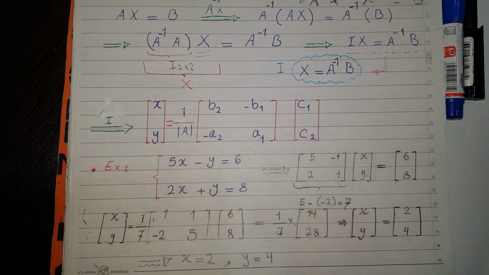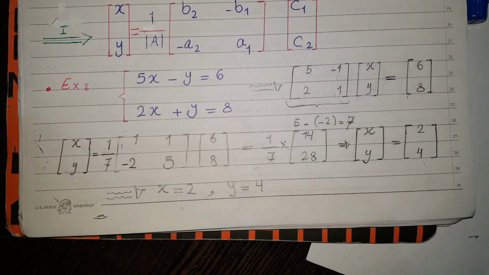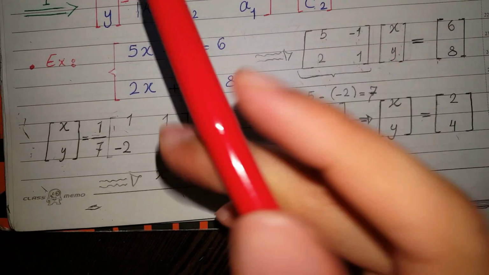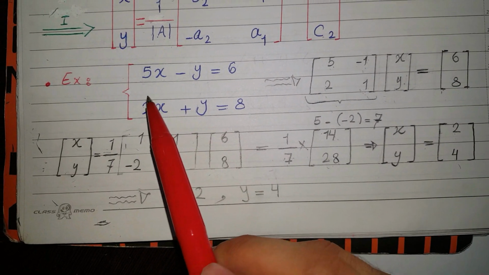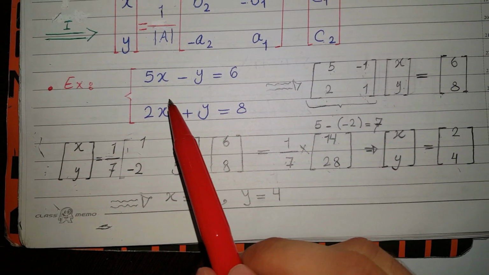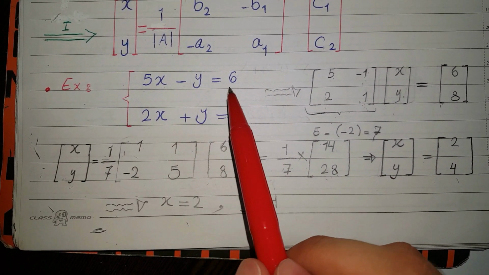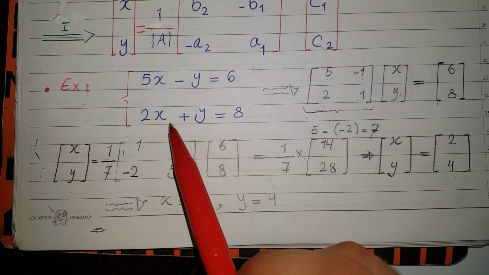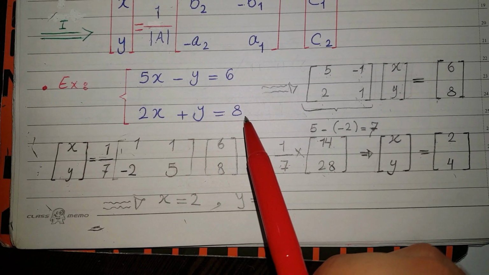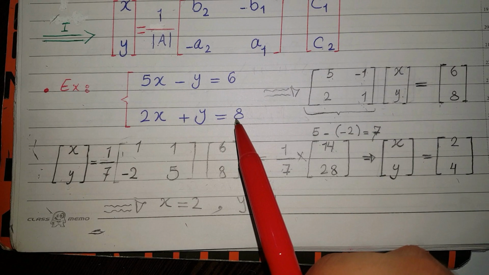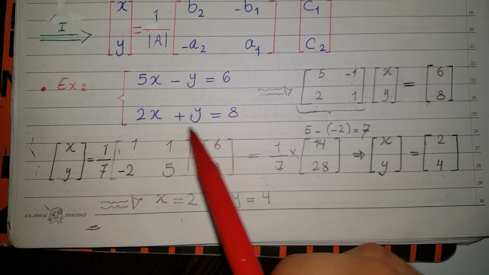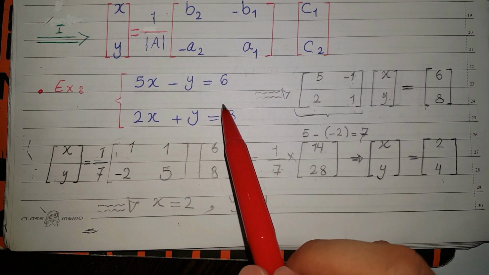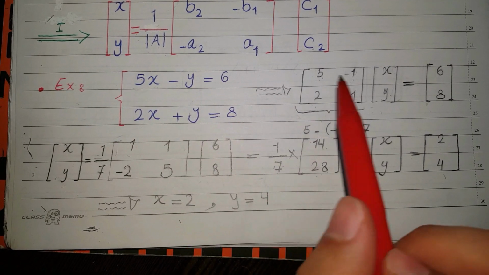Now here is an example with the following equations. This is our system. The first equation is 5x minus y equals 6, and the second is 2x plus y equals 8. First, we want to write these simultaneous equations in matrix form.